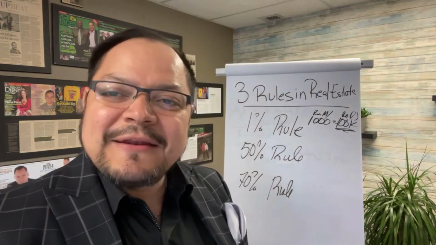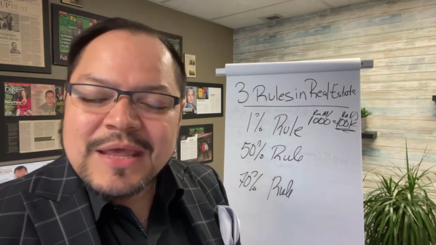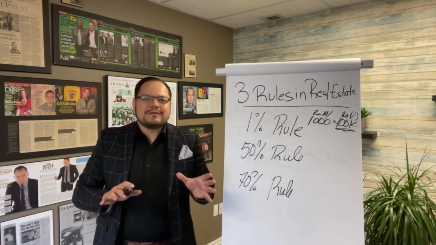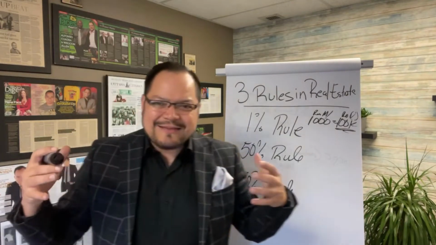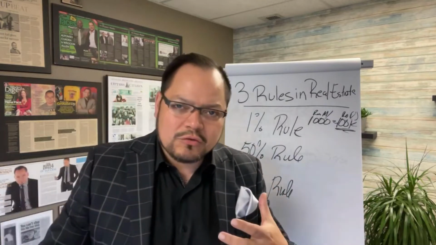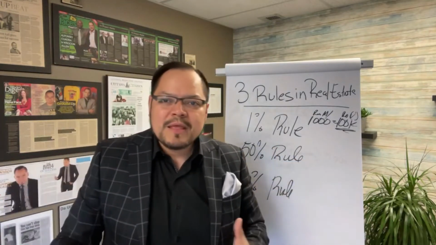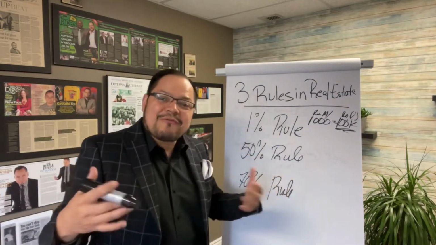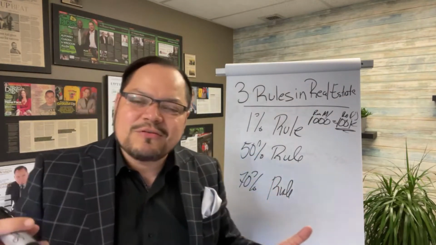$1,000 in rental income. Now, if you want to adjust it to today's prices, because it's going to be very difficult to make this work, it's an indicator, and the closer you are to the 1% rule, the better. But you can have a range, for example, 0.7 to 1%.